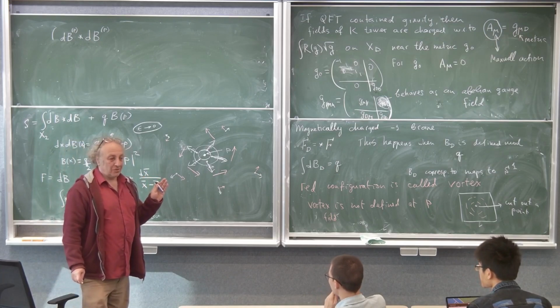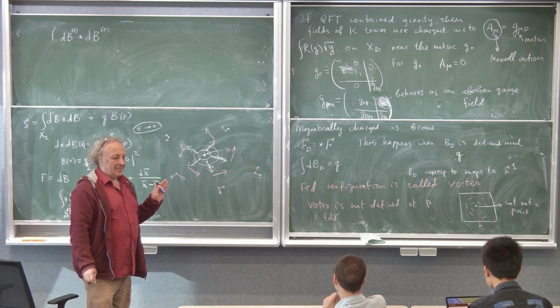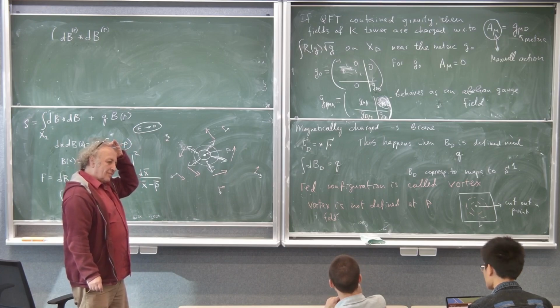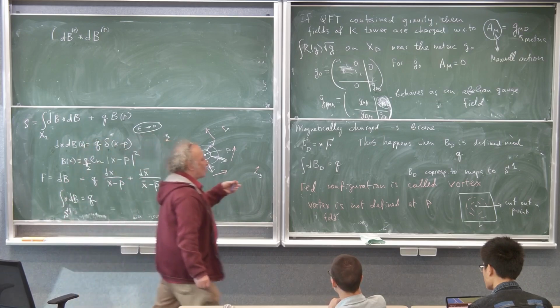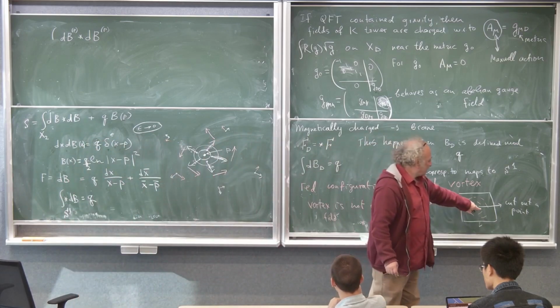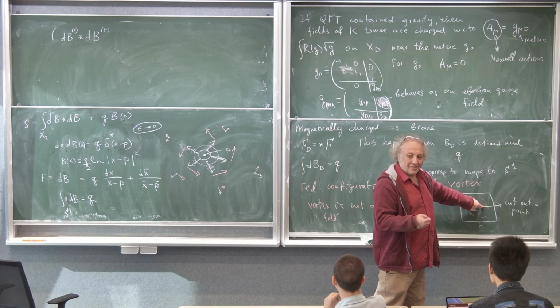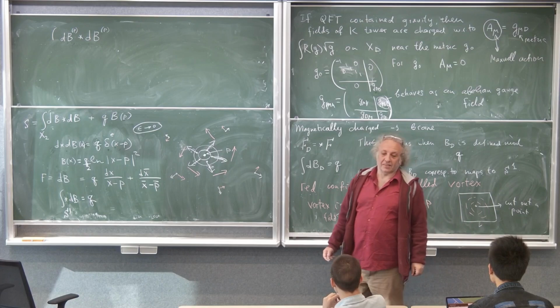But it's a good point to think about. You cannot draw a configuration such that when you go this way, you will get a jump, and on the other side you will not get a jump. So you could not realize it as a smooth configuration.